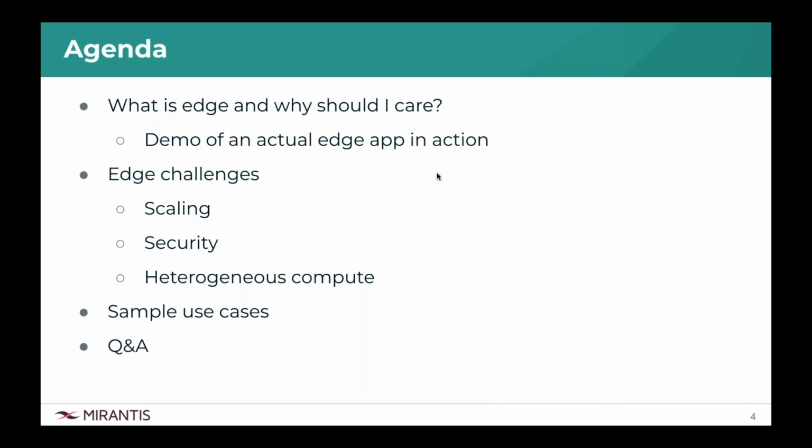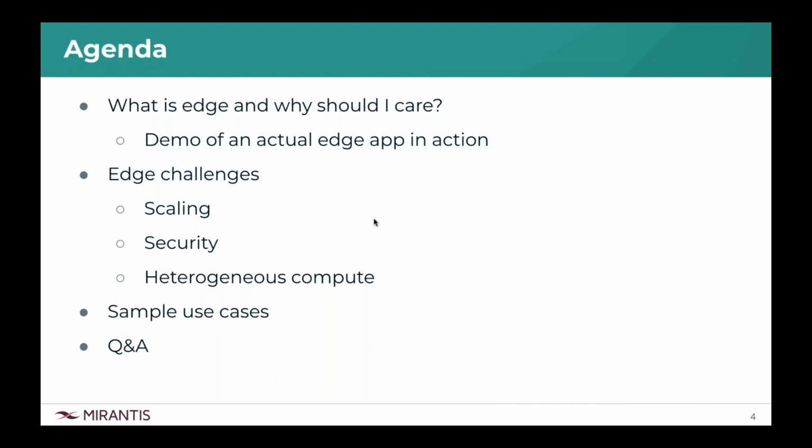So we're going to give you actual specifics. And then we're going to talk about the various challenges in creating actual production edge applications. And then if we have time, we'll talk about sample use cases, and hopefully we'll get some Q&A in there.